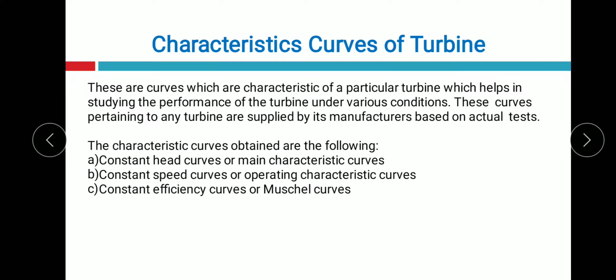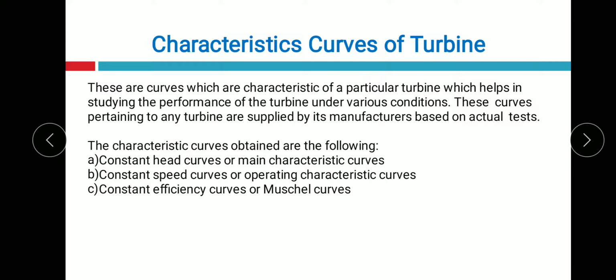These curves pertaining to any turbine are supplied by its manufacturers based on actual tests. Here we have three types of characteristic curves. One is constant head curves or main characteristic curves, another is constant speed curves or operating characteristic curves, and the third is constant efficiency curves or muschel curves. The name itself tells us: in the first case, head remains constant.